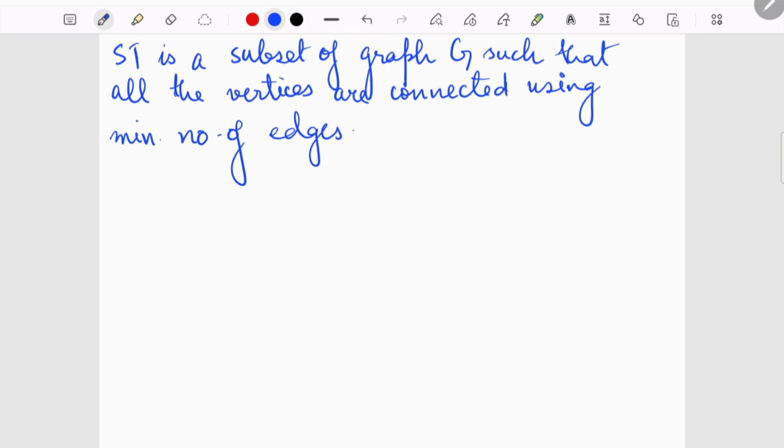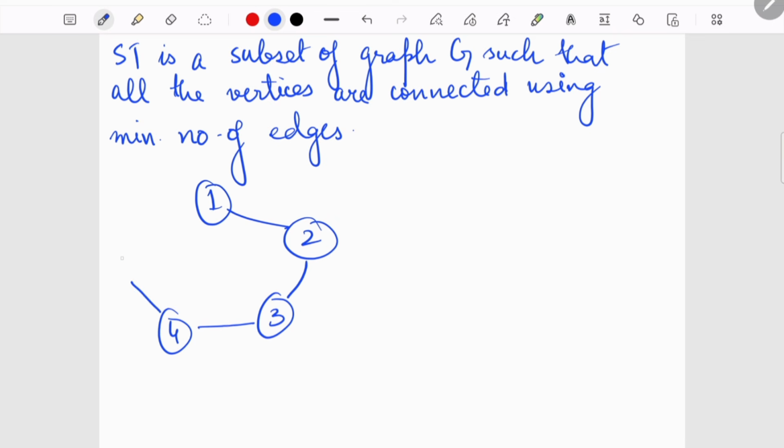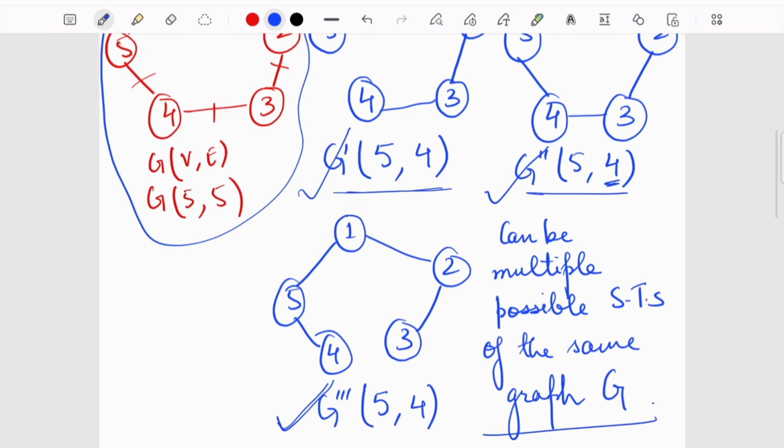Now say the graph is a weighted one. Say this is the graph that we saw. Now say, for example, we are keeping some weights associated with the edges. Then we will call it a weighted graph, correct? So there can be different spanning trees corresponding to the same graph. We have seen it here.